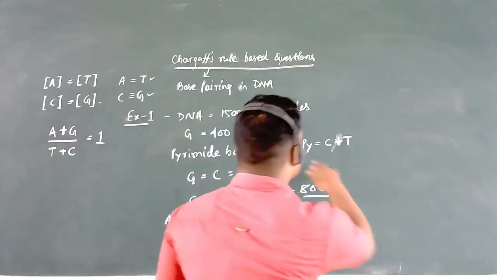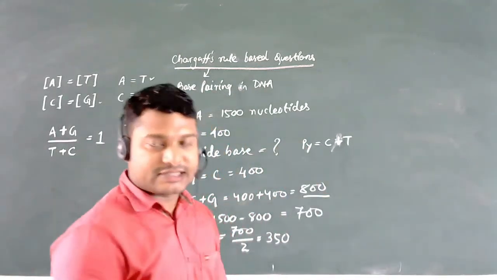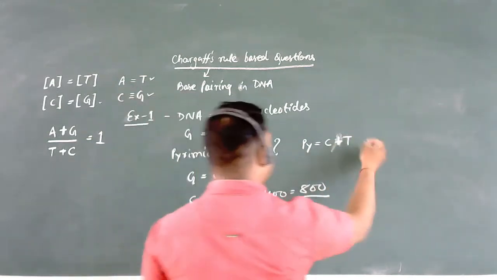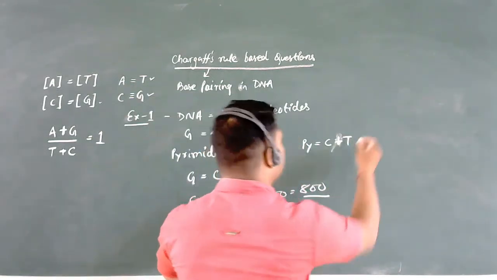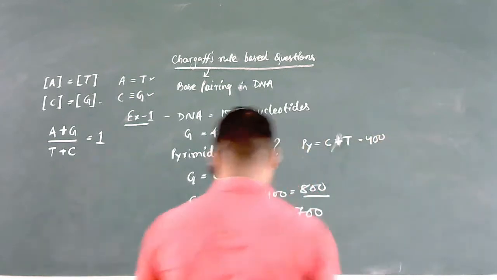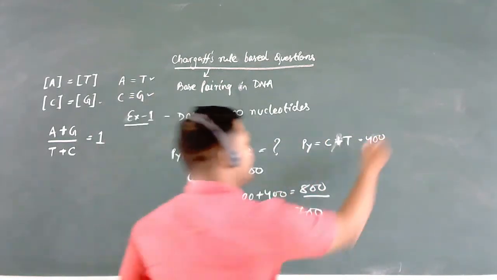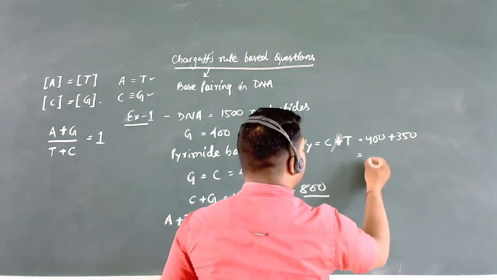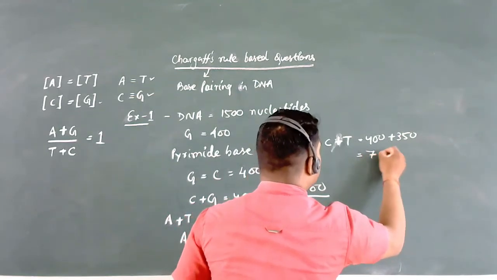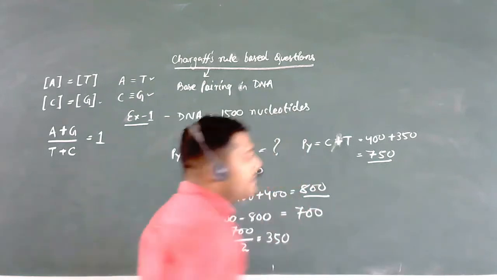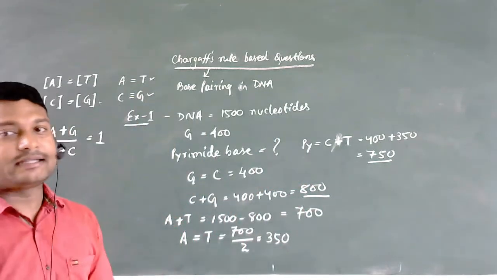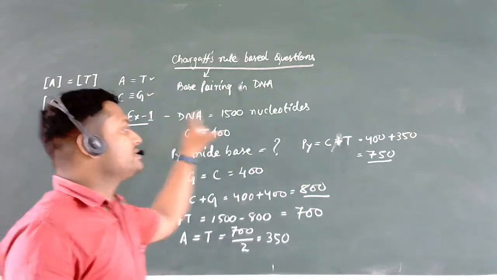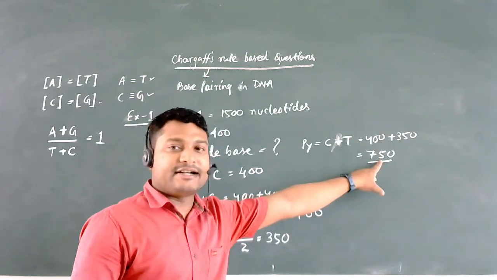Now simply to find the number of pyrimidine bases, you have to add these two. C is 400 and T is 350, so that gives a value of 750. So the number of pyrimidine bases in this particular DNA sequence is simply 750.